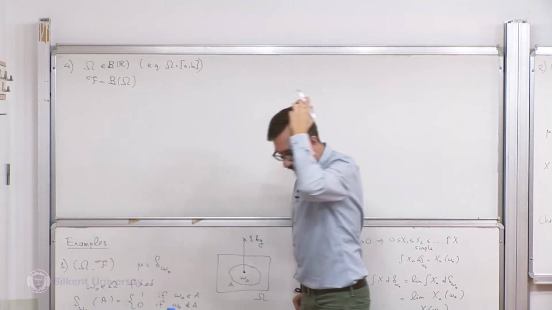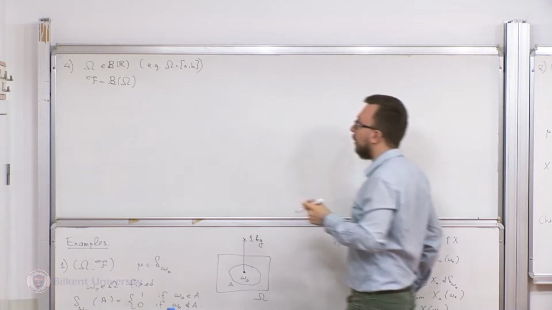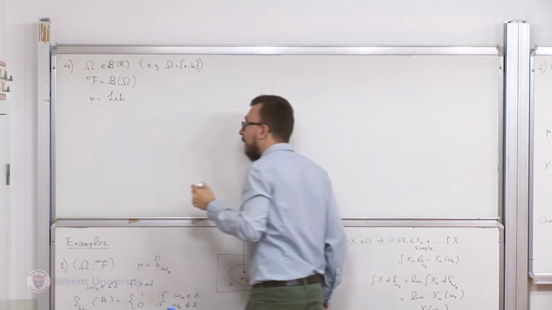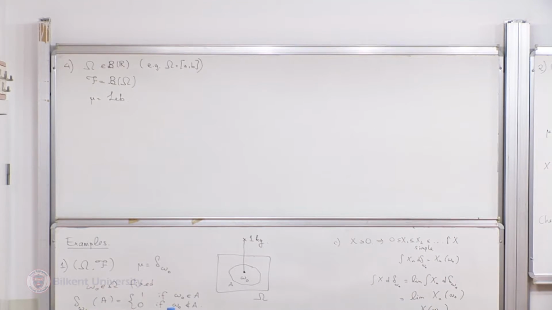You know how to define it, right? You have the Borel sigma algebra on R, and if you need a Borel sigma algebra on A to B, you trace the full Borel sigma algebra to A to B. You trace your big sigma algebra to the smaller set. And mu is the Lebesgue measure. Remember the Lebesgue measure. It measures length, right? Just length.